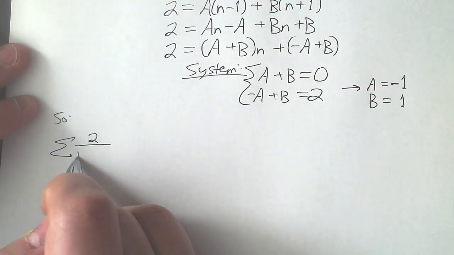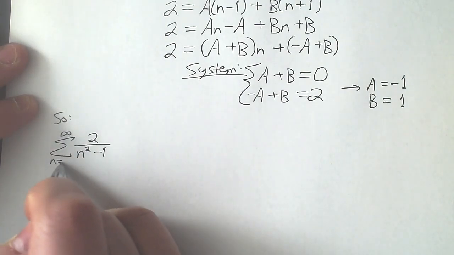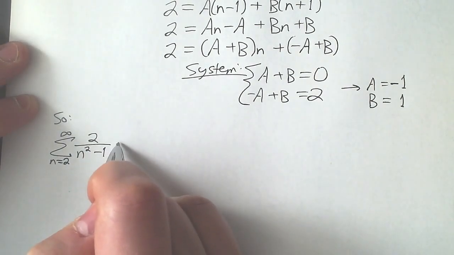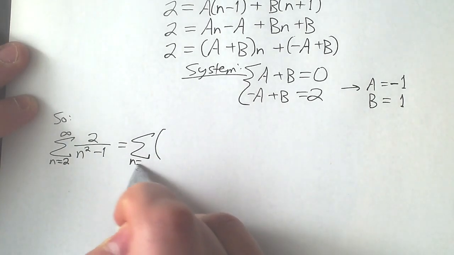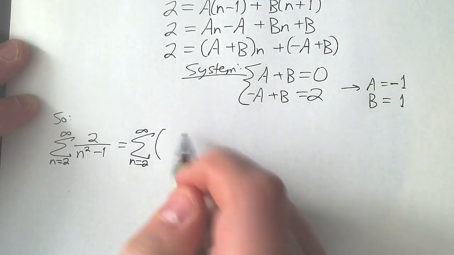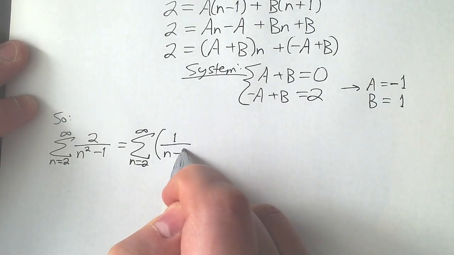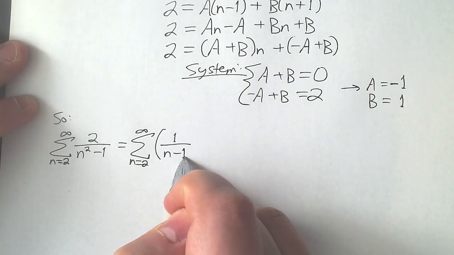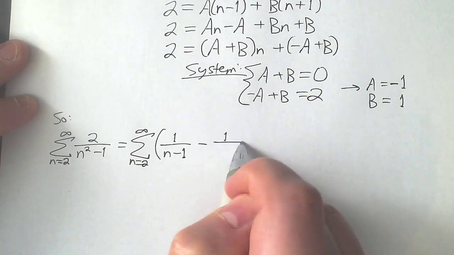And remember, we're not integrating, so no integral symbols anywhere. But what we did find is that this series could be rewritten. I'm rewriting it slightly differently. Let me show you what I'm doing here.